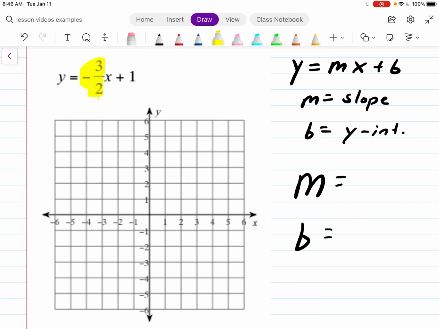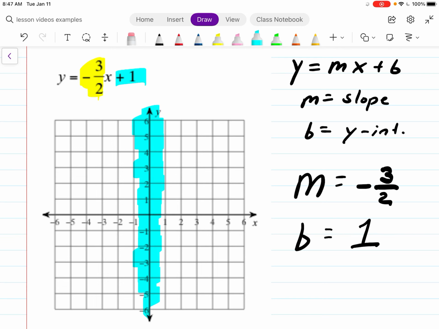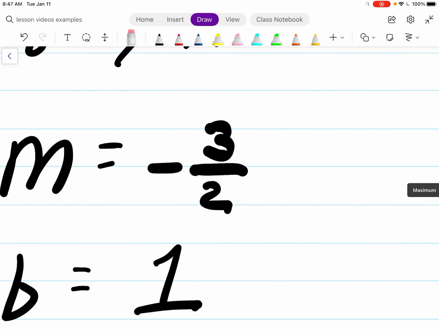In this case, it is negative 3 over 2. And the y-intercept is positive 1. That just tells us on the y-axis that our first point will be at positive 1 on the y-axis. Now our slope is negative 3 over 2.